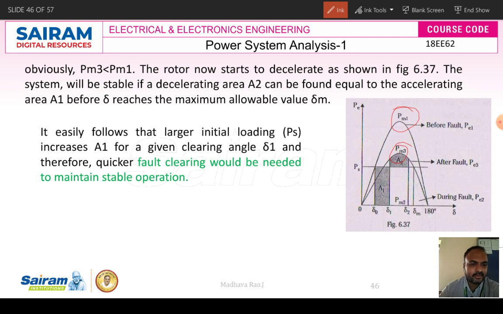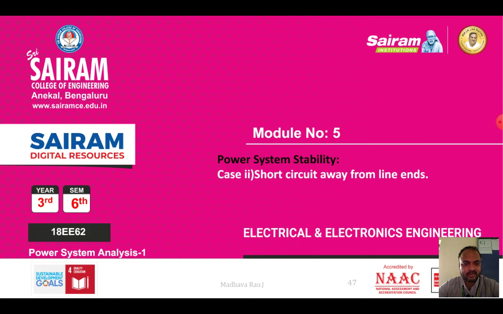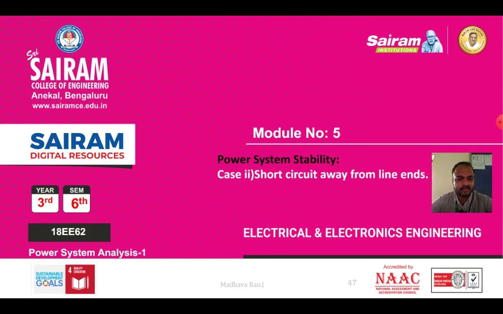Here you can see the before fault, during fault and after fault curves. Before the fault we get maximum power; after the fault it decreases, and during the fault it also decreases. So this is about the variations of different powers due to sudden loss of line and short circuit of the line.